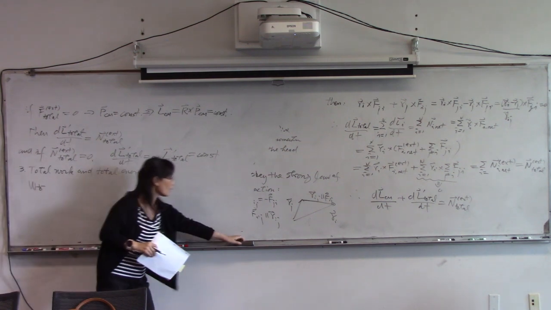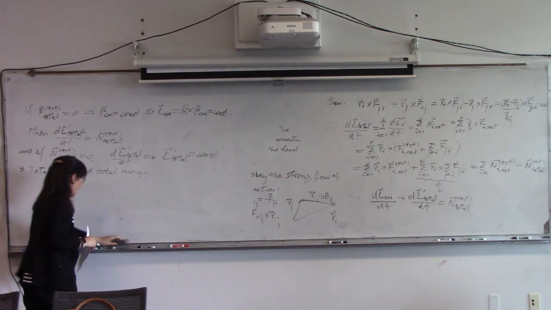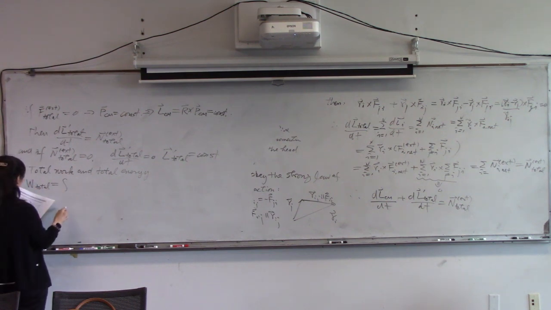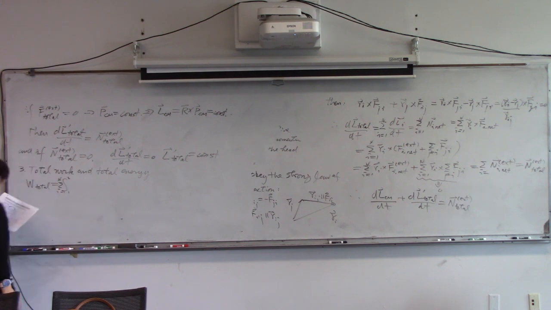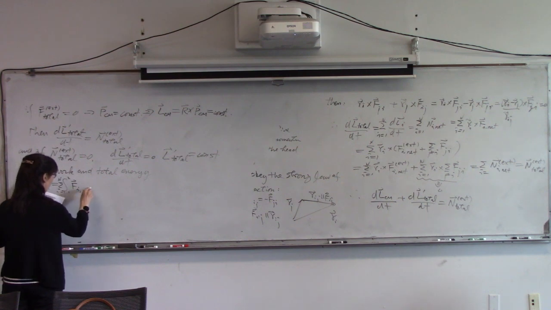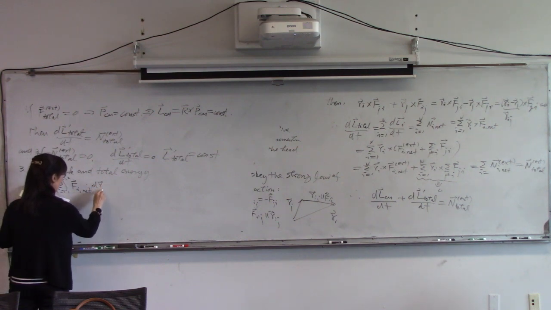The total work done by the total force on this system includes the external force and internal force, right? From 1 to 2, all the particles, each particle has a net force and displacement.